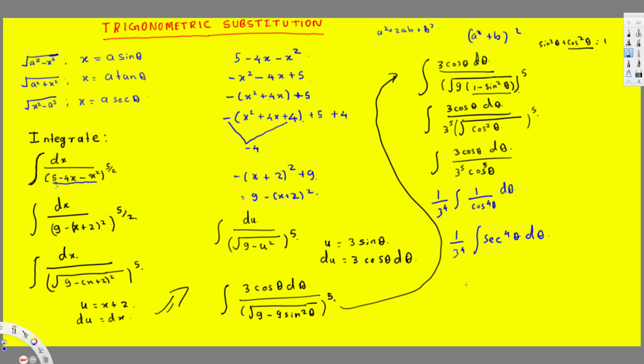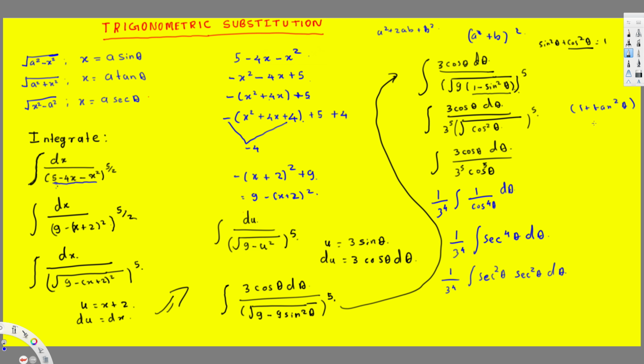And in this case, we have power 4 right here. So what we can do is separate this into 2 parts, like 1 over 3 power 4 sec square theta sec square theta d theta. And one of the sec square theta, I can replace with 1 plus tan square theta.